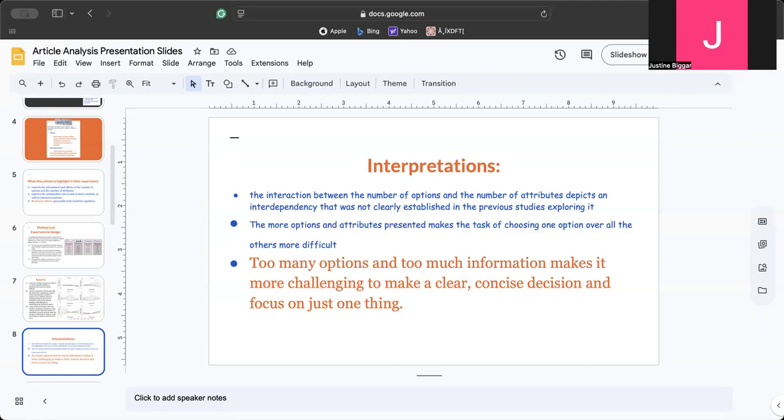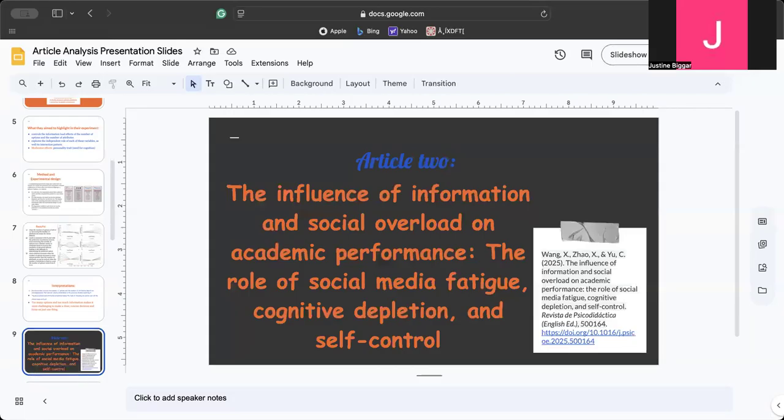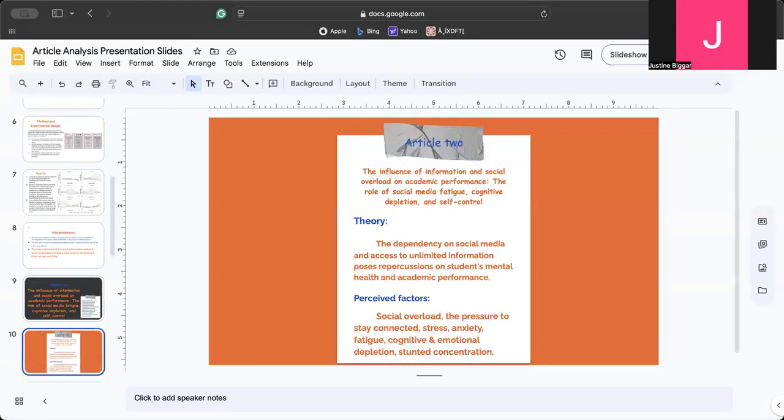With that, our second article is on a similar note. It studies the influence of information and social overload on academic performance and the role of social media fatigue, cognitive depletion, and self-control by Wang et al. So, their theory posits that the dependency on social media and the access to unlimited information poses repercussions on students' mental health and academic performance.